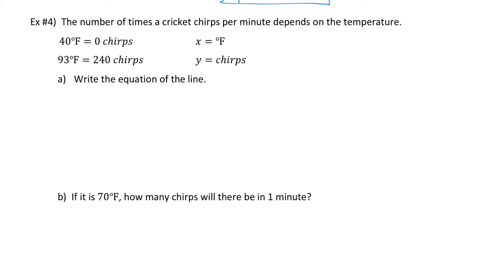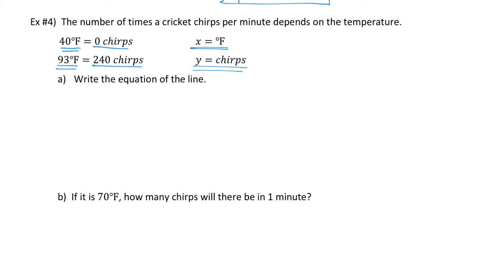If it's 40 degrees Fahrenheit, there will be 0 chirps from a cricket. But if it's 93 degrees Fahrenheit, it would chirp 240 times in a minute. That's a lot, right? So if x is your degrees and y is your chirps, we're going to write the equation of a line for cricket chirps.